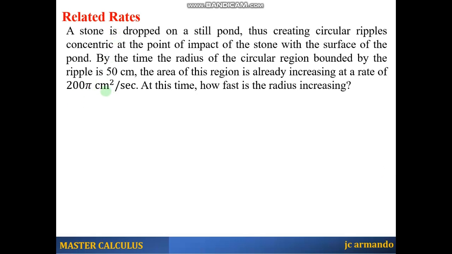Makikita nyo, ang area ang pinag-uusapan and the figure is a circle. The formula is just A equals pi r squared, right? But take note of the given, on that time, the radius is 50 centimeters. And the rate at which the area is changing is positive 200 pi centimeters squared per second.